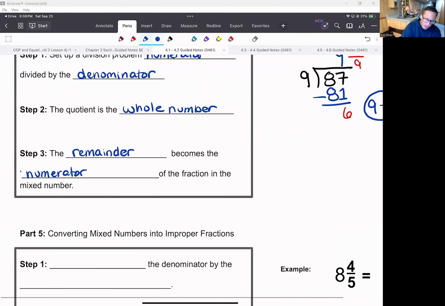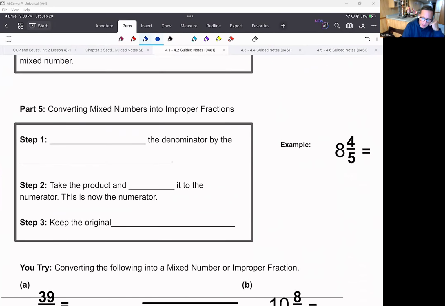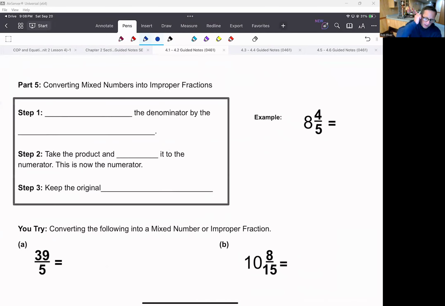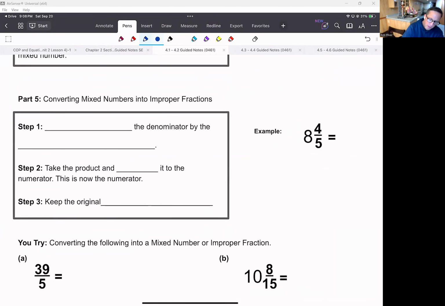There we go. All right, converting a mixed number into improper fractions. All right, so when you do this, usually start with the denominator. So multiply the denominator by the whole number, the number that's in front. So multiply 5 times 8. All right, so 5 times 8 equals 40.